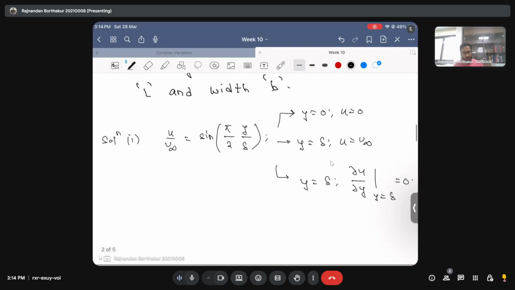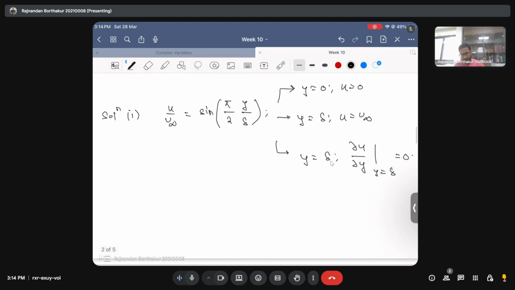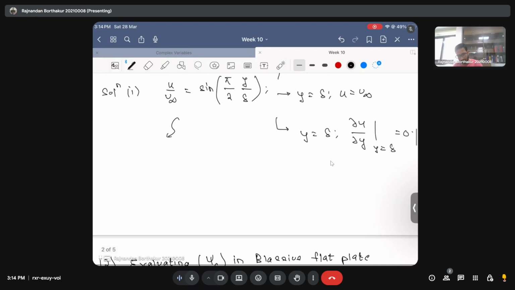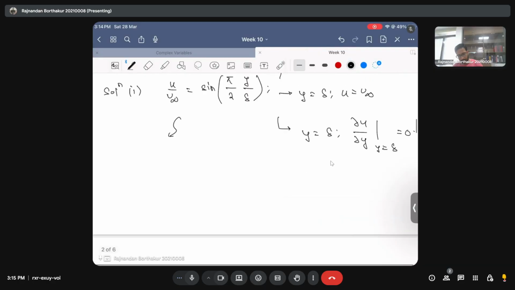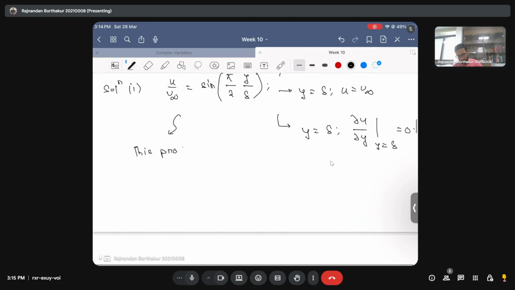Okay, which means that the boundary conditions are indeed satisfied, and this clearly means that this profile can be chosen as a legitimate velocity profile inside the boundary layer.